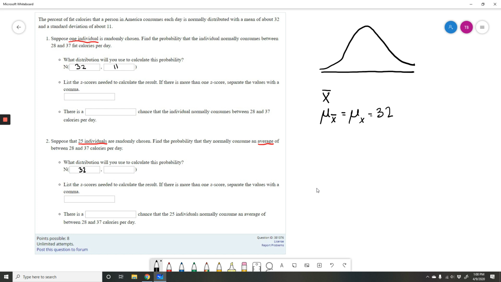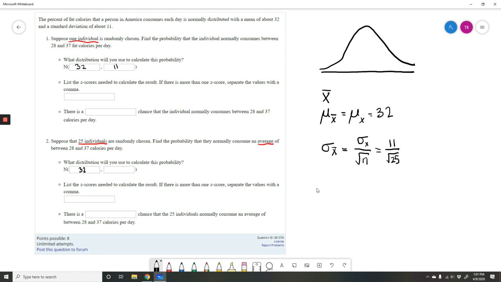But according to the central limit theorem, the standard deviation of the distribution of sample means is not just the standard deviation of the population, but the standard deviation of the population divided by the square root of the sample size. In our case, the standard deviation of the population is 11, and we have a sample of 25 individuals, so square root of 25.